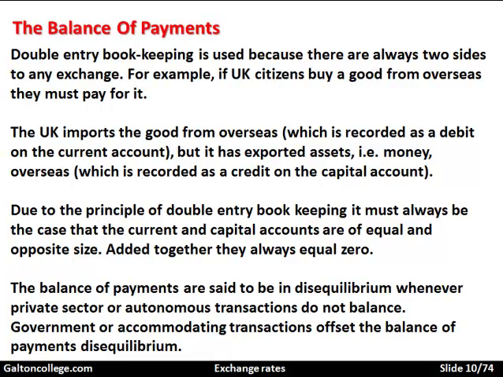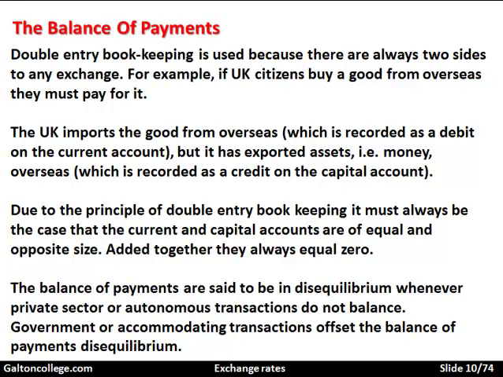If we exported exactly the same value as what we imported, the balance of payments would be in equilibrium. But sometimes, and most times, we don't export the same value as we import. Sometimes we export more and sometimes less than the imports.